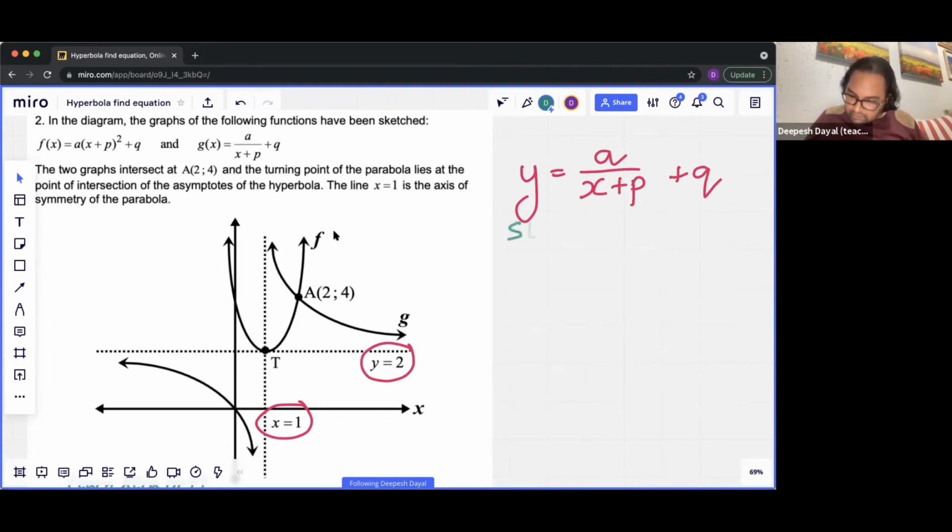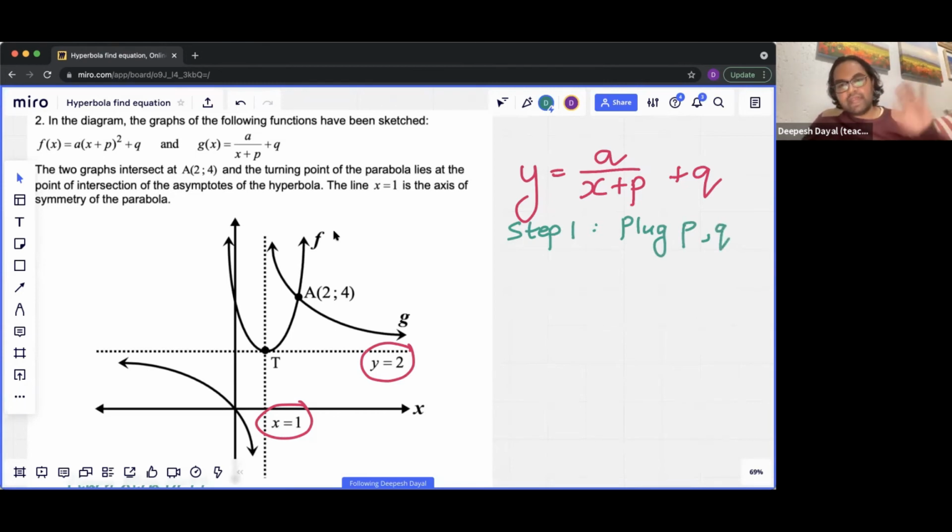Step 1, plug in P and Q for me and let's compare that equation.